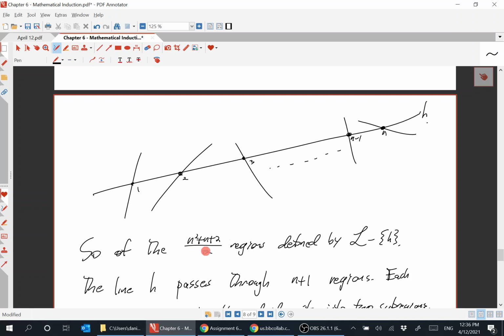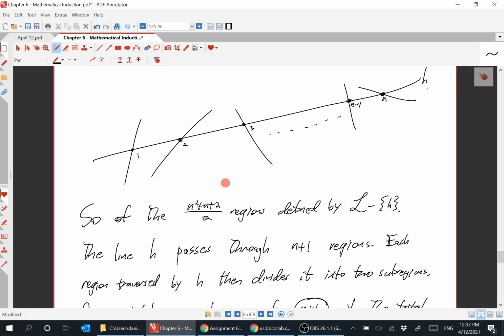So of the n squared plus n plus 2 over 2 regions defined by L minus H, H passes through n plus 1 of them. Region 1, region 2, region 3, 4, 5, 6, region n minus 1, region n plus 1. Here's the numbers 1 through n, and if you look at the spaces in between those dividers, you get n plus 1 regions. So 0, 1, 2, 3, 4, up to n, if you want.